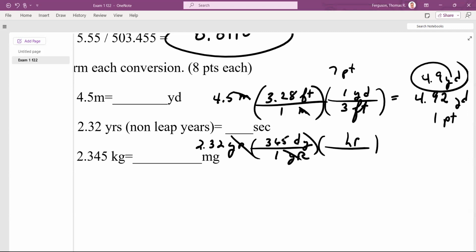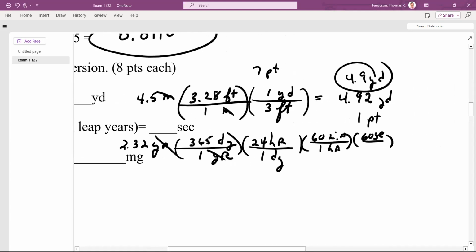Days to hours. This is a leap year, by the way, everyone. So there's an extra day in February, February 29th.